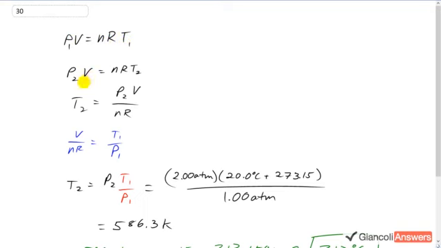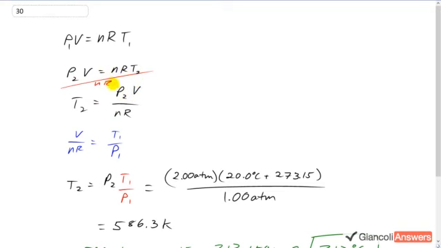And then when the pressure is increased to 2 atmospheres, we have that second pressure times the same volume equals the same number of moles of gas times R times a different temperature T2. And we can rearrange this to solve for T2 by dividing both sides by NR. And we get T2 is P2 times V over NR.